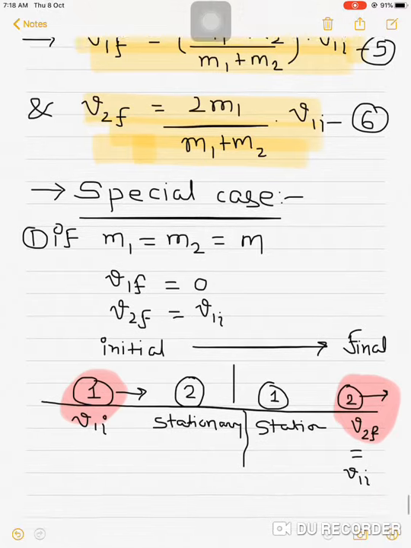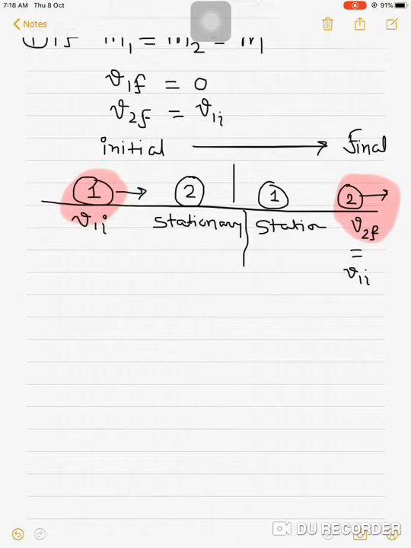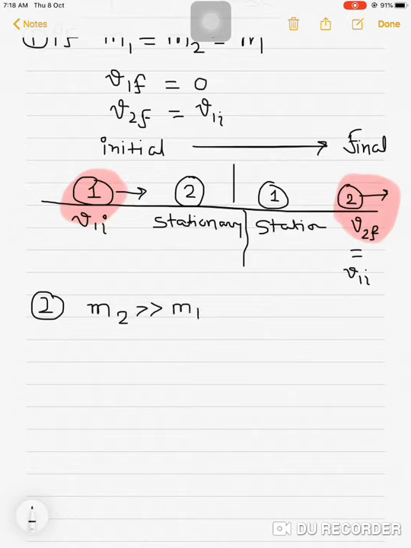Now we move to the second case, if one mass dominates. Suppose m2 is very much greater than m1. Then v1f will be almost equal to minus v1i.